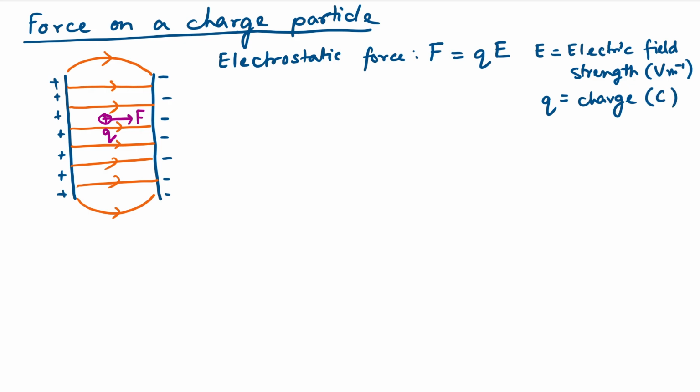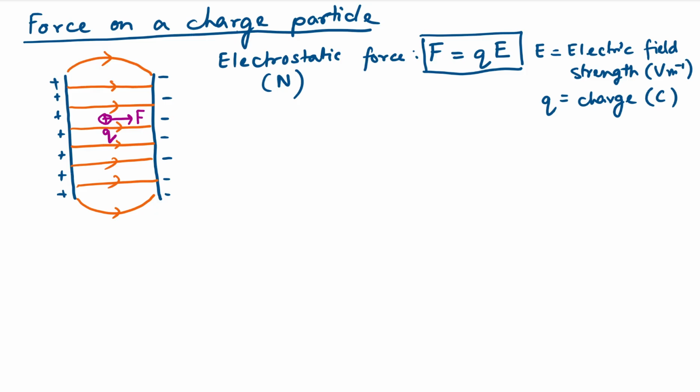Okay, so if I know these two things, I can work out how much electrostatic force will be acting on this charged particle. This is the next formula that you will have in your formula sheet, and because this F is the electrostatic force, it will definitely be measured in units of newtons.